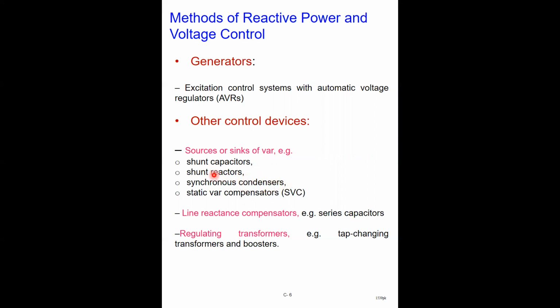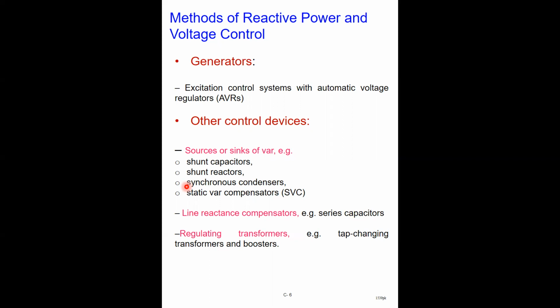Because synchronous motors, when they are overexcited, can supply leading power factor current to the system. So we want an overexcited synchronous motor. To have overexcitation you need more field current, and to have more field current the field winding, the copper winding, has to be more as compared to a conventional synchronous motor.